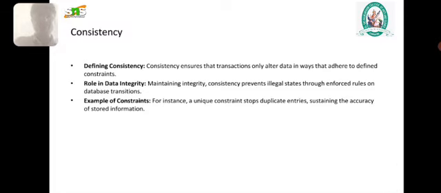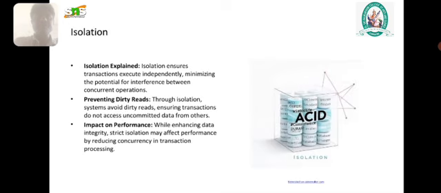Data integrity is maintaining the integrity. Consistency prevents illegal states through enforced rules on database transitions. An example of constraints: a unique constraint stops duplicate entries, preserving the accuracy of data.